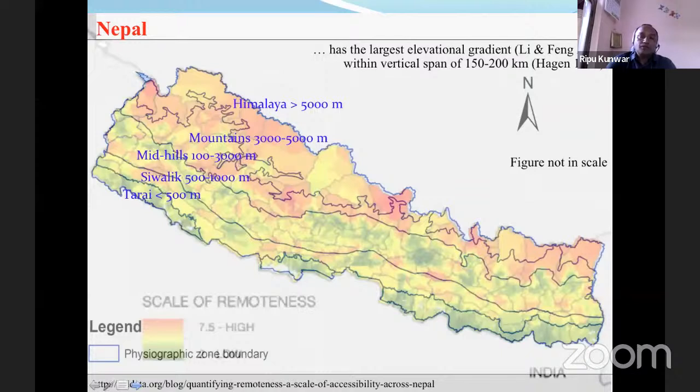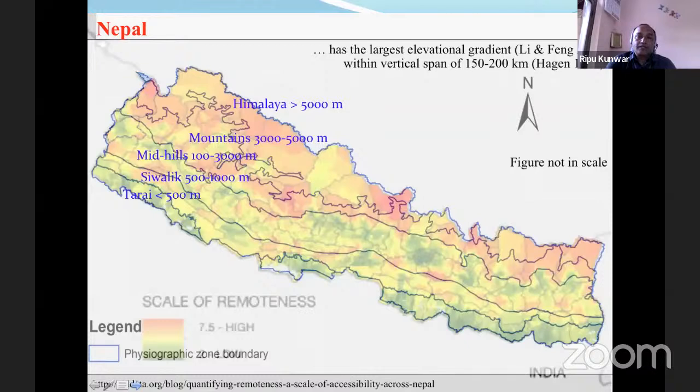Before proceeding to the next slides, I will give you some basic idea of the physiography of the country, so that it makes more sense to you all. Over here, we have five disparate physiographic regions: lowland Terai, Shivalik, mid-hills, mountains, and Himalaya.